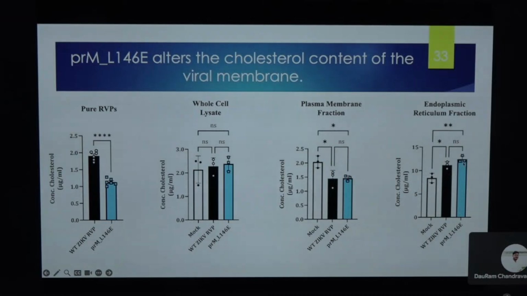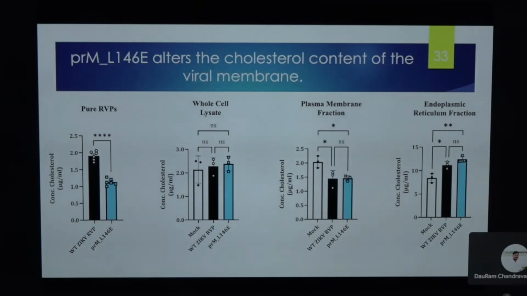So next, looking at the endoplasmic reticulum fraction, this is where the viruses actually bud from the cells. And we can see, interestingly enough, that there is slightly more here. There's not a significant difference, but the power of significance between the mock version versus wild type is slightly significant, whereas the mock to the PRM L146E is a bit more significant, suggesting that that leftover cholesterol is still stuck within the endoplasmic reticulum, so it's not making it into the particles.